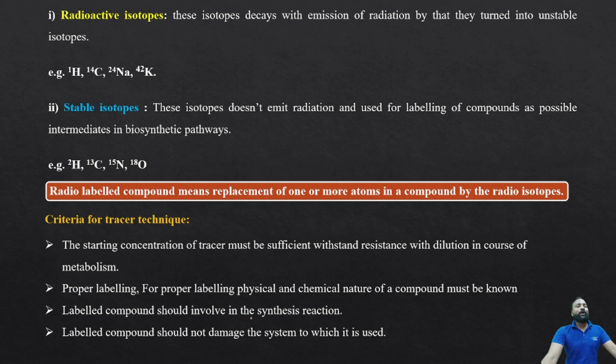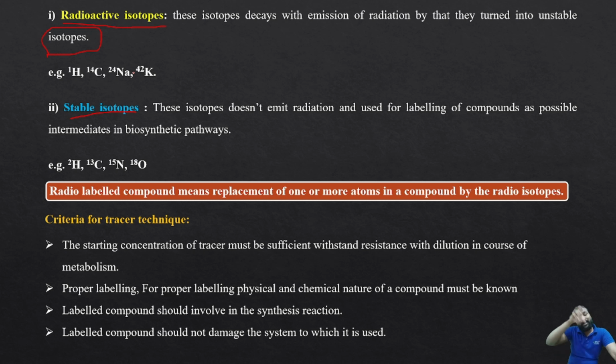According to that, we have two types of isotopes: one is a radioactive isotope and the other is a stable isotope. Radioactive isotopes decay with the emission of radiation and turn unstable when subjected to radiation, so they emit radiation.